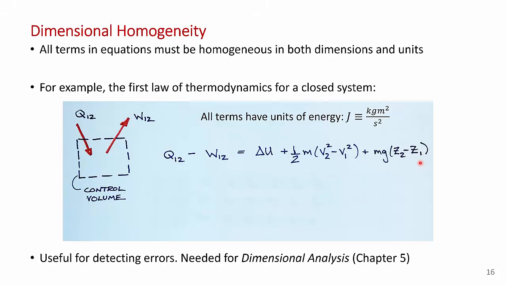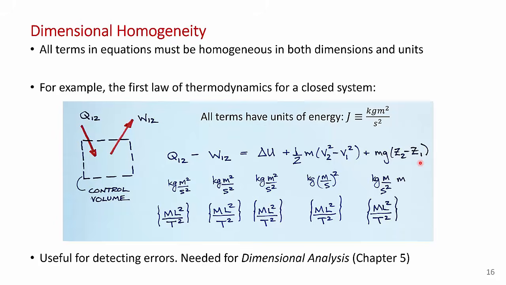And all of these have the same dimensions and units. I just want to demonstrate that. Of course, we just showed that a joule is kilogram meter squared per second squared. Work is also joules, kilogram meter squared per second squared. Again, internal energy is energy, joules, kilogram meter squared per second squared. But you look at these other terms, this is the kinetic energy now. We have kilogram, and this is meters per second squared, so it's going to become kilogram meter squared per second squared.